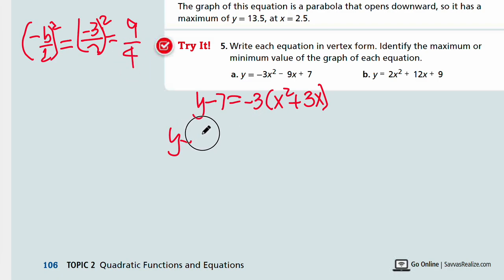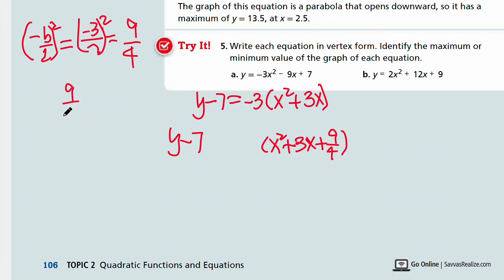So y minus 7. And then we need to know how much we're adding, because if we add plus 3x, if we add 9 plus 4, here we are actually multiplying negative 3 and we're adding that.